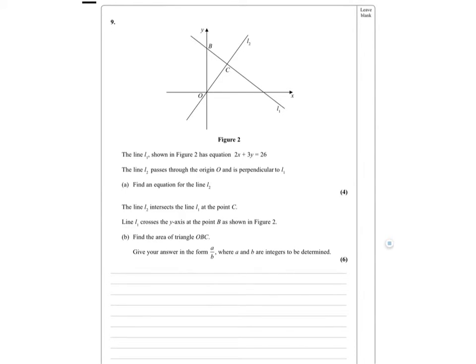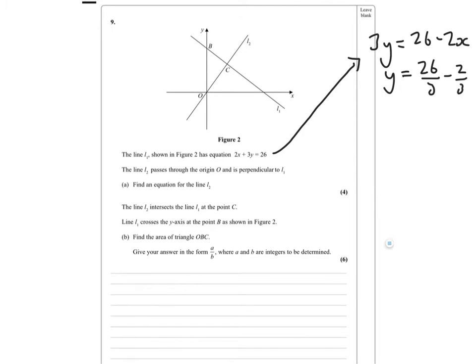So first thing I'm going to do, up here, is rearrange that so we get 3y equals 26 minus 2x, so y equals 26 over 3 minus 2/3 x. The reason I'm doing that is because I'm going to need the gradient. So the gradient of the perpendicular is going to be 3 over 2.